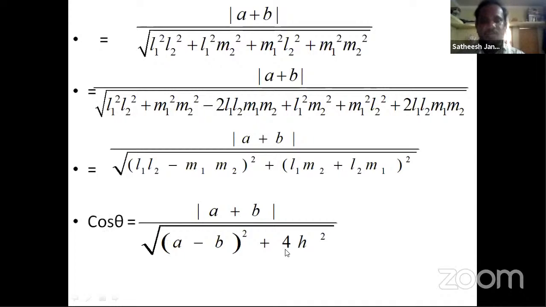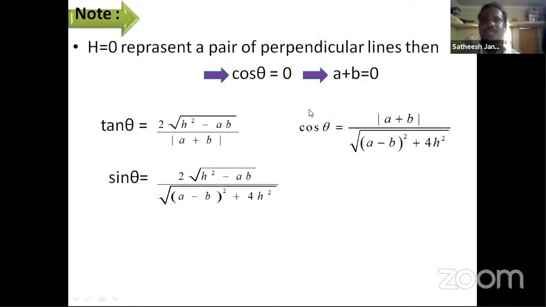The denominator multiplying with the LHS is also 0. If theta is equal to 90, the only remaining value is a plus b, which is equal to 0. That is, if theta is 90, meaning h is equal to 0 represents a pair of perpendicular lines, cos theta is equal to 0, so a plus b is equal to 0.